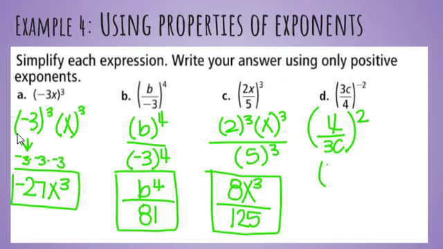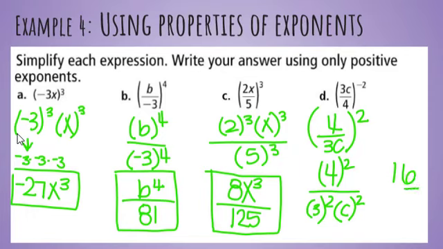We're going to apply the square to each term. So in the numerator now we have 4 squared. And then in the denominator, we're going to have 3 squared and then c squared. So 4 squared, 4 times 4 is 16, over 3 squared is 9, and then c squared is going to stay c squared. So our final answer here is 16 over 9c squared.